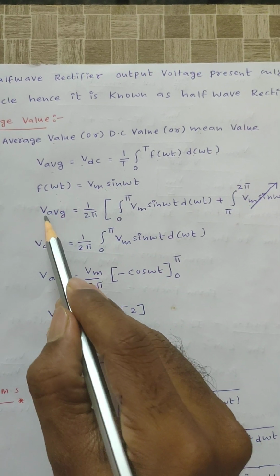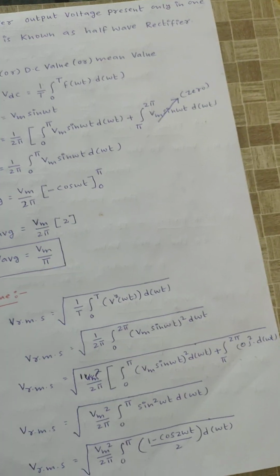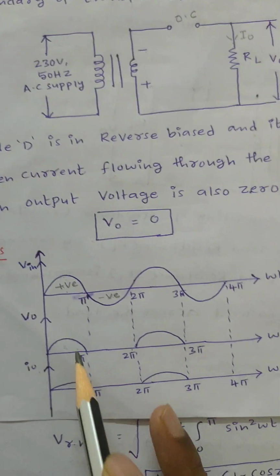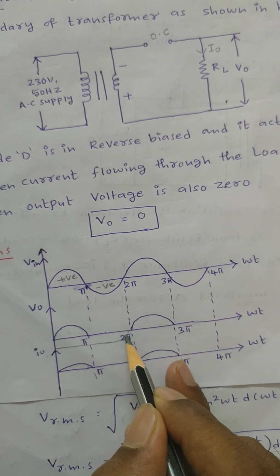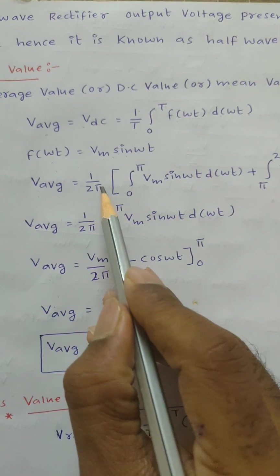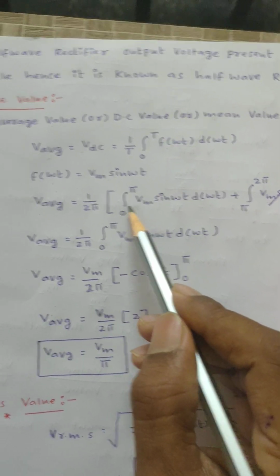If I substitute here, V average is equal to, see here from the waveform, from this output, every 2 pi seconds the waveform is repeated, right? Then the time period will be 2 pi, so 1 by 2 pi integration 0 to 2 pi actually, right?